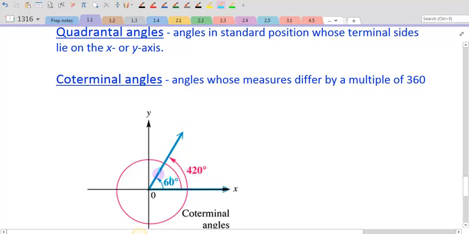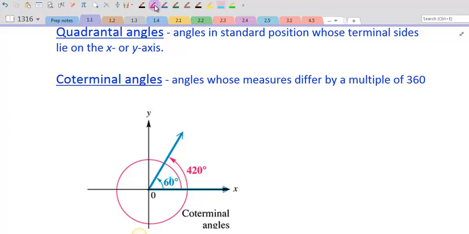I am still ending on that terminal side, but this time I've rotated 420 degrees. Okay, so a coterminal angle would be an angle whose measure differs by a multiple of 360. In other words, if I only went a portion of the way around, I'm at 60 degrees, but if I went a full revolution plus that small portion, I'd be at 420.